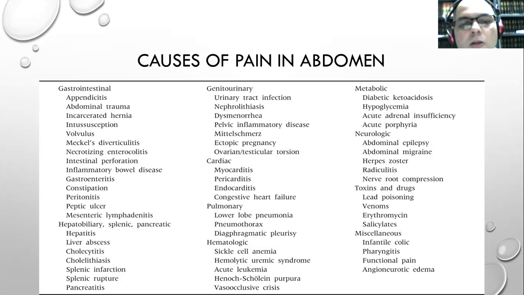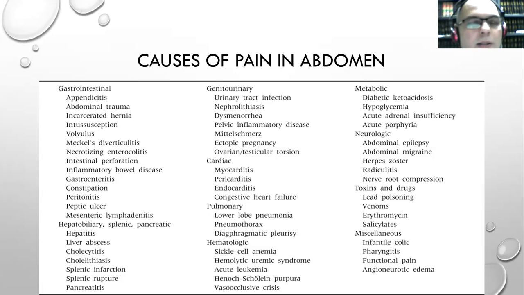The pulmonary causes include lower lobe pneumonia, pneumothorax, and diaphragmatic pleurisy. The hematological causes include sickle cell anemia, acute leukemias, Henoch-Schonlein purpuras, HUS, that is the hemolytic uremic syndrome, and all other diseases which are vasculo-occlusive, which block the path of the vessels and cause ischemia.